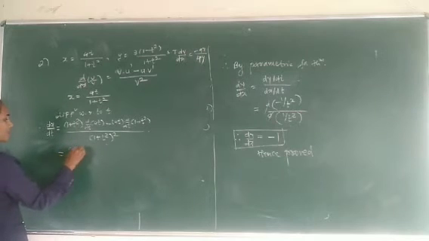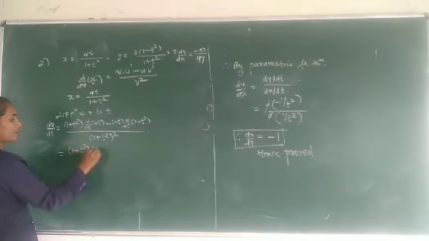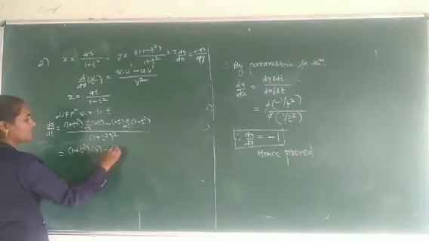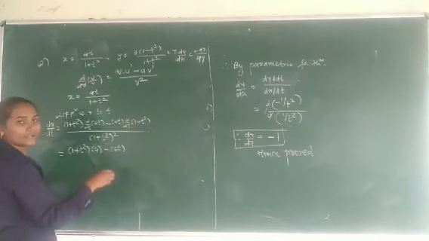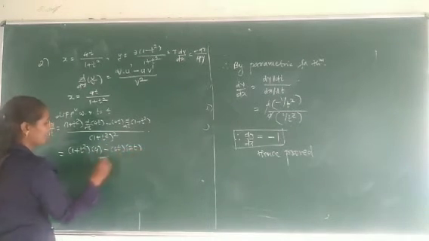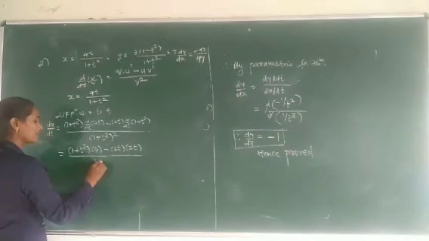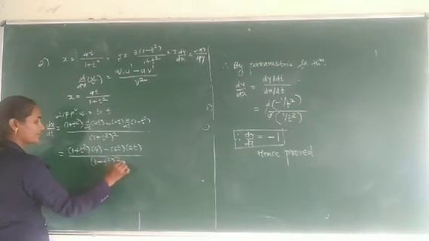So write this 1 plus t square as it is into derivative of 4t is 4, minus write 4t as it is into derivative of 1 plus t square is 2t, divided by 1 plus t square bracket square.